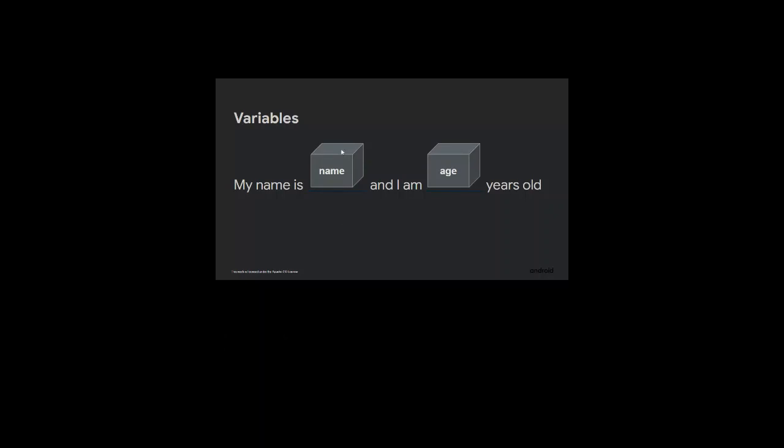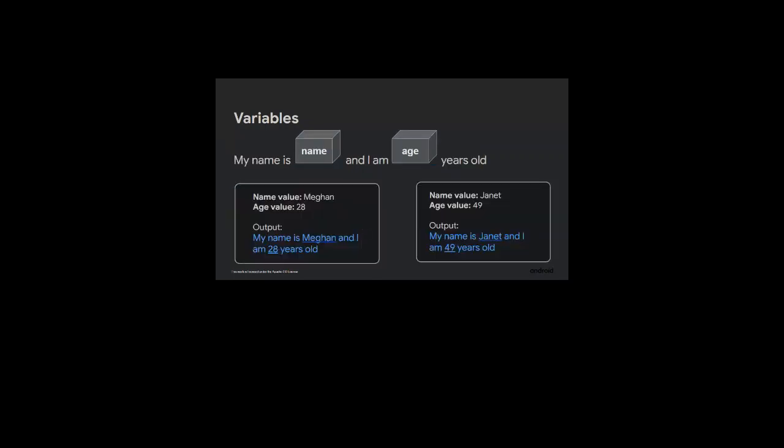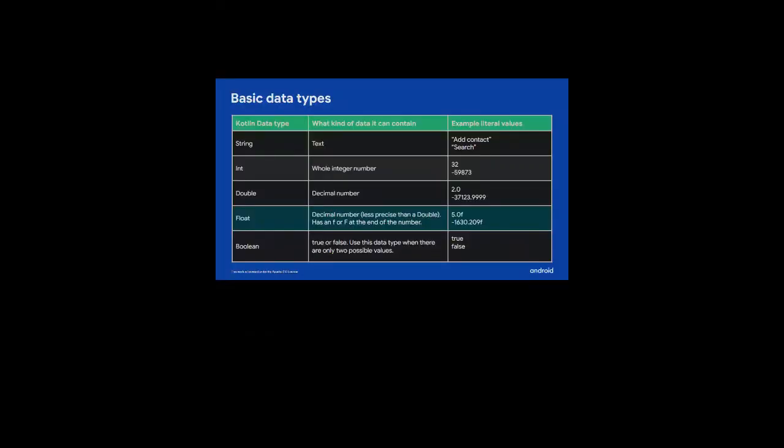So whatever string you store inside the name variable will be printed along with the whole string. In this case, if the name is Megan, and the value of the age variable is 28, it will be printed out in the string.